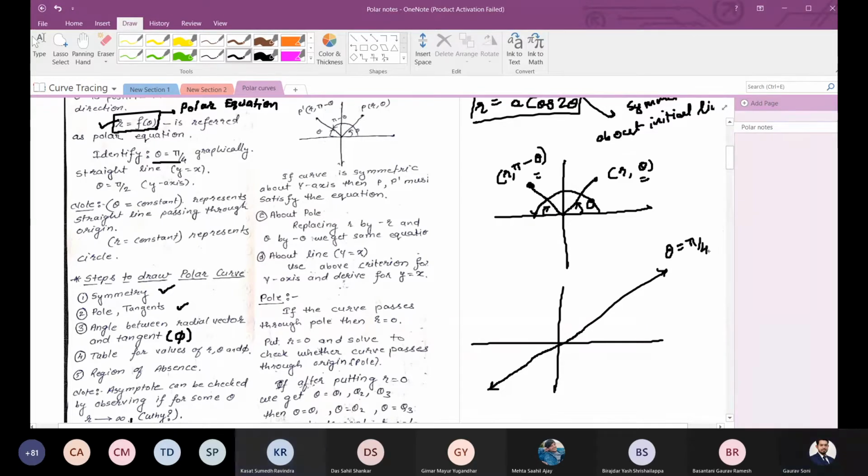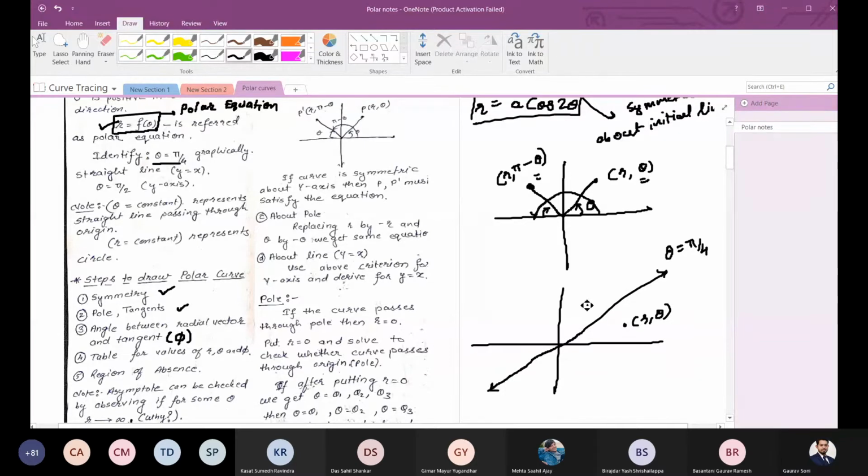Exactly, pi by 4. So I'll take one point over here, which is r comma theta. Take the reflection, r. What is going to be theta? This angle is theta, and I need this much angle.